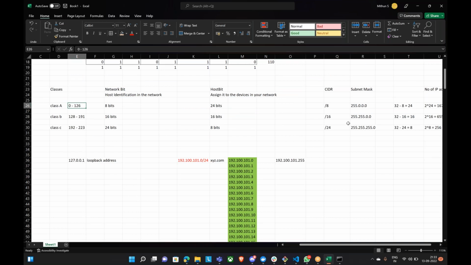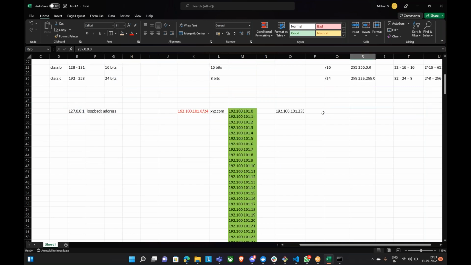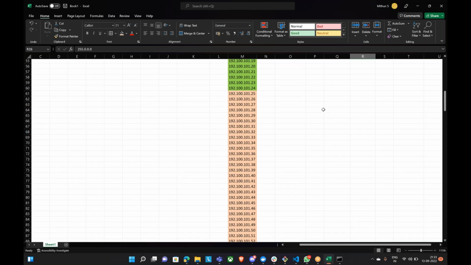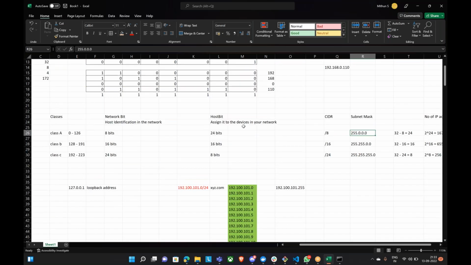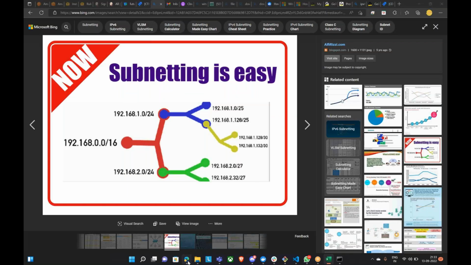There was also a restriction with the number range. You have to select this, and then there is a restriction. So finally, they decided that let us not follow these classes anymore. Classless Inter-Domain Routing, CIDR, was introduced to solve this problem.